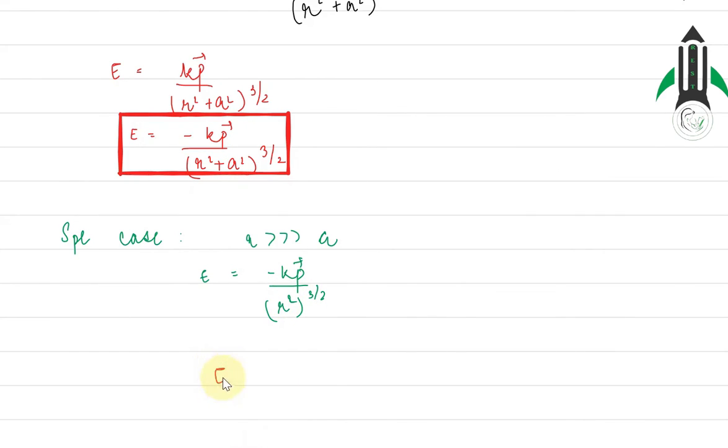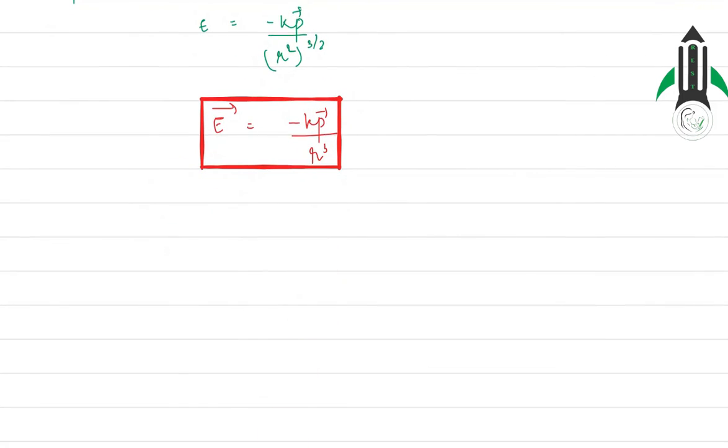So we get E equals minus Kp upon r cube. This is the derivation.